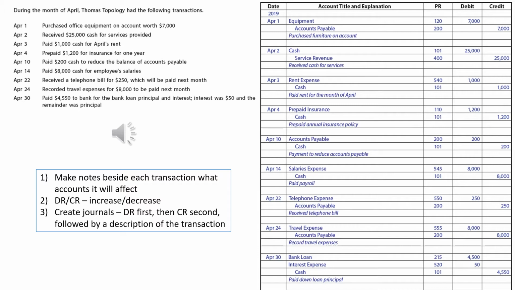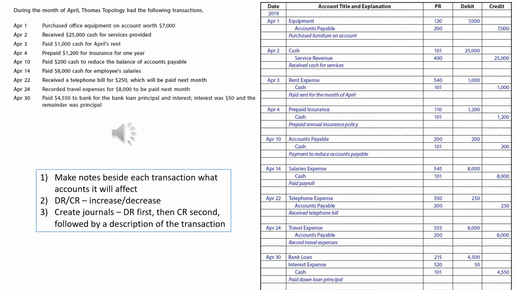April 10th, we paid $200 cash to reduce the balance of accounts payable. We will debit accounts payable by $200 to reduce the liability, to reduce the amount owing to our vendors. And you will credit cash for $200 to indicate that your cash balance has been reduced. And this is to record the payment to reduce accounts payable.